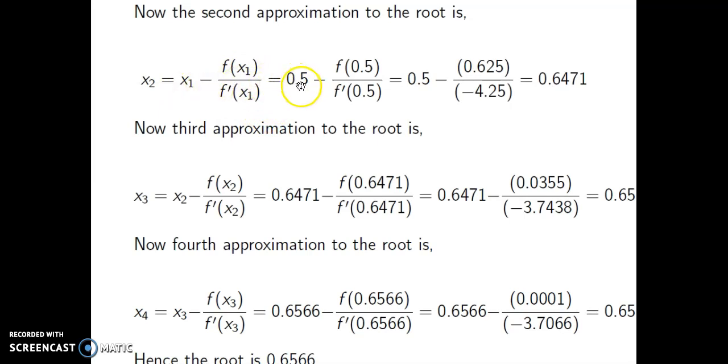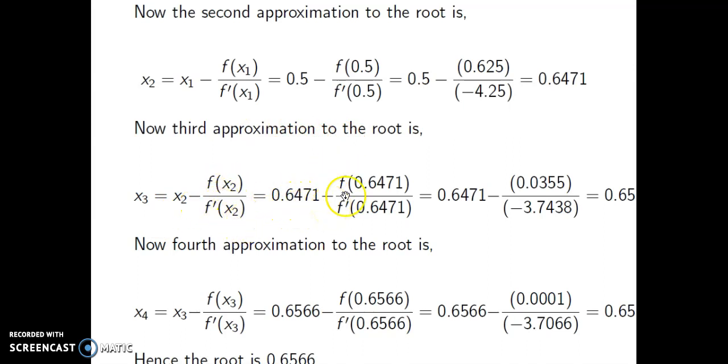x1 we have as the first approximation 0.5, so we substituted all these values and we have x2 equal to 0.6471. Now the third approximation by the NR method, x3 equals x2 minus f of x2 upon f dash of x2.